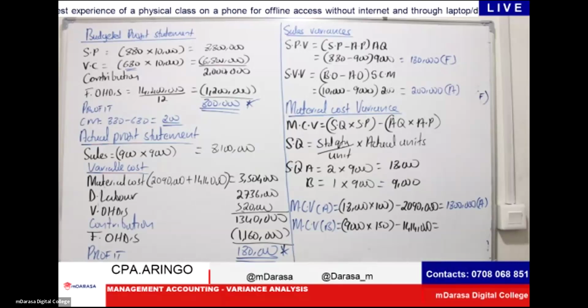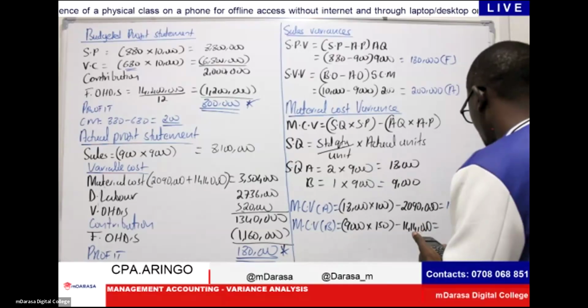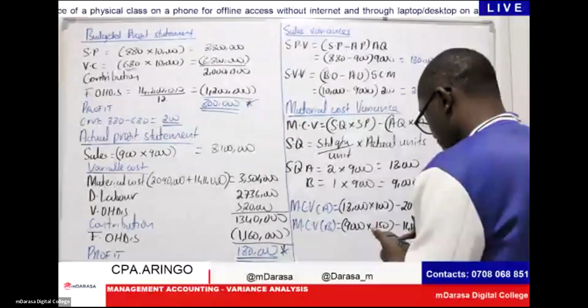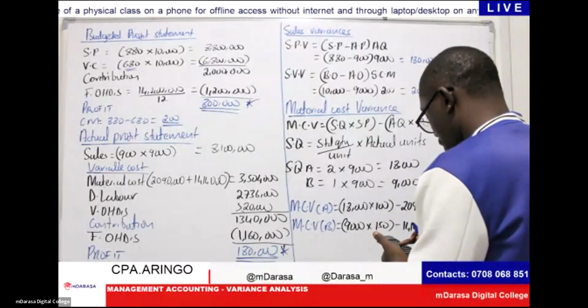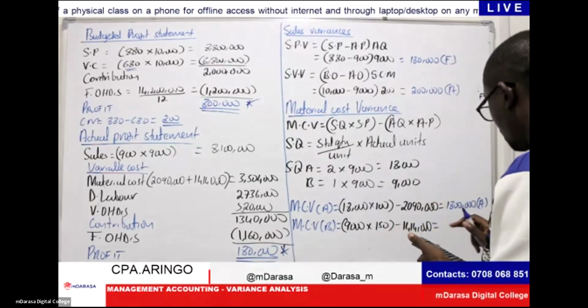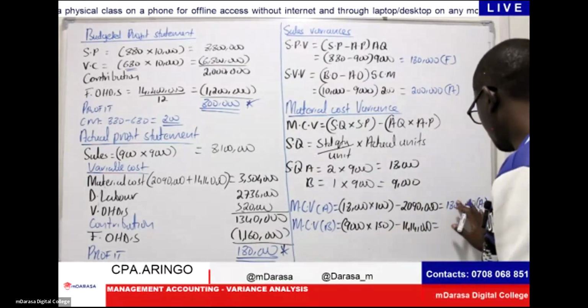Whereas for material B, we had planned to spend 1,350,000, but we ended up spending 1,414,000, giving us a variance of 64,000, which is adverse. This is 180, not 1.8, yeah?